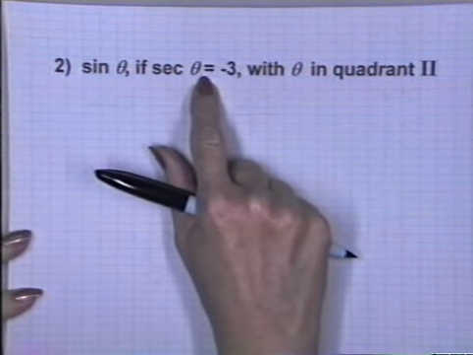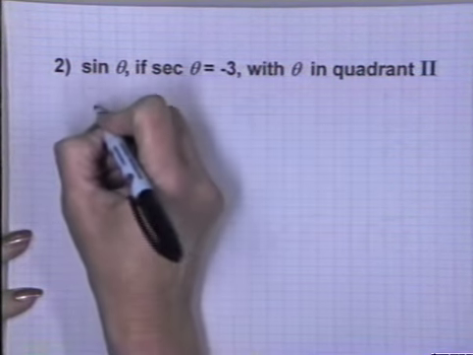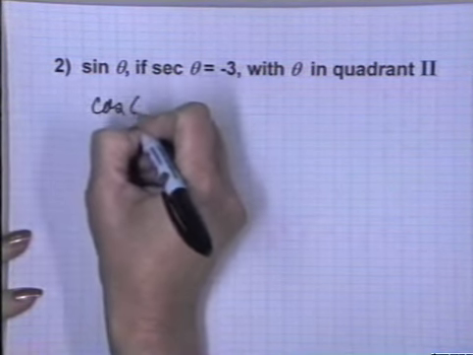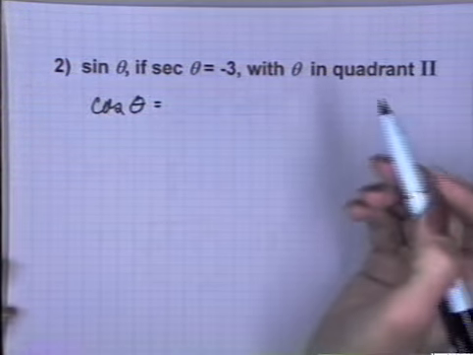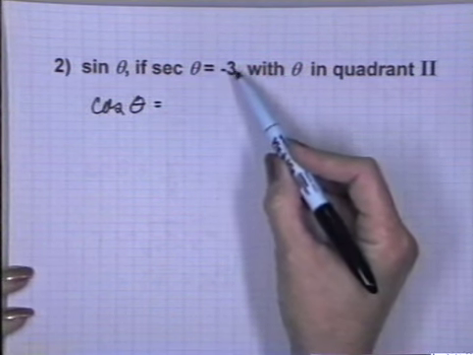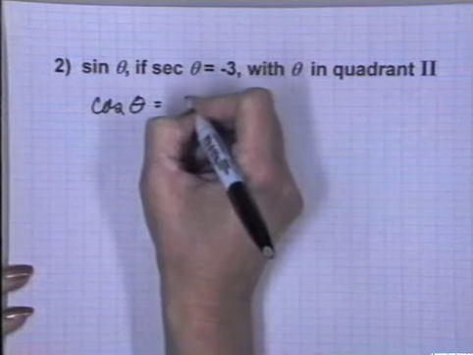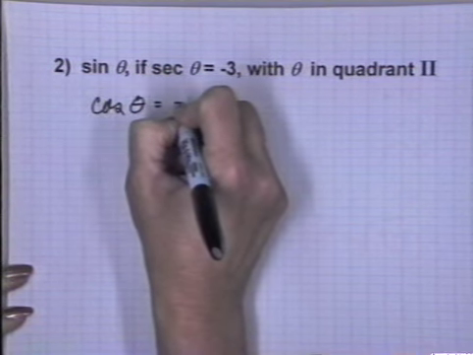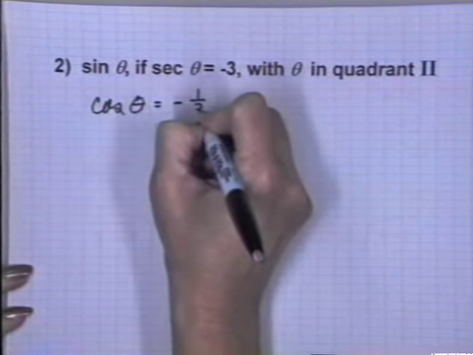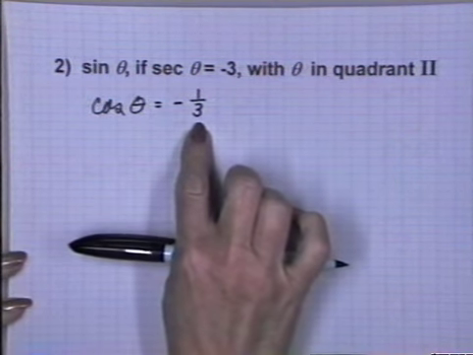Now, I think it would be easier here to find the cosine. So, that's what I'm going to do first. The cosine of theta, since I know it's the reciprocal of the secant, I just have to write the reciprocal of -3. Now remember that reciprocals have the same sign, so the reciprocal of -3 is -1/3, so the cosine of theta is -1/3.